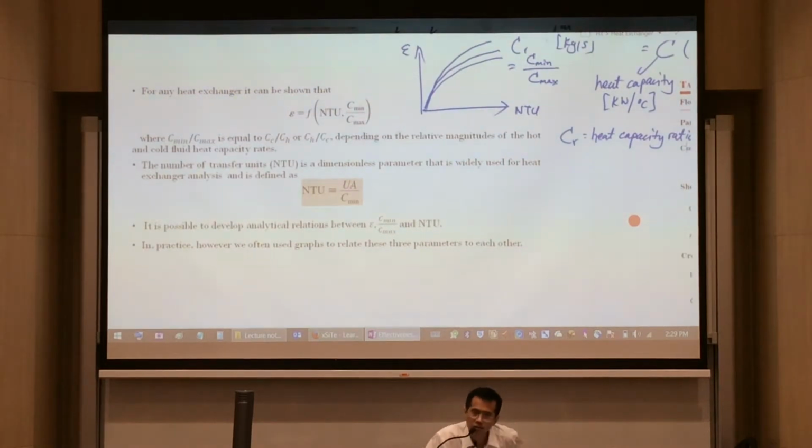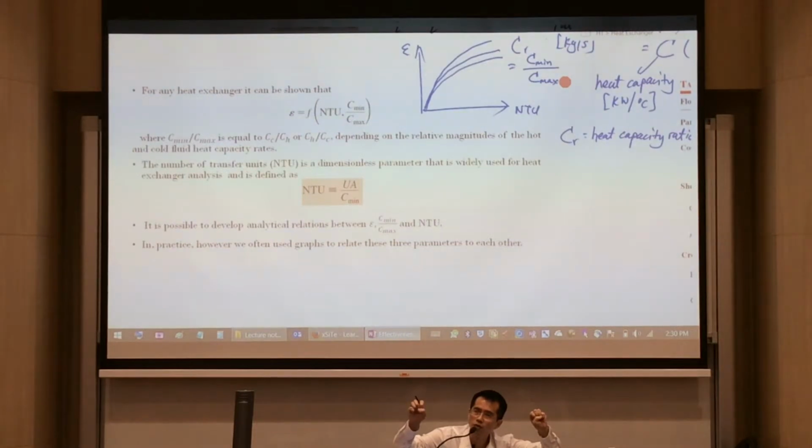So as I was saying just now about C min and C max, we wouldn't know if the hot fluid or the cold fluid would be C min. And if one of them is C min, the other one is going to be C max. That's the way it works. In order to figure out which one is C min, we take the mass flow rate, m dot, multiplied by the specific heat capacity, Cp. Multiply that out, you get a number for the hot fluid.